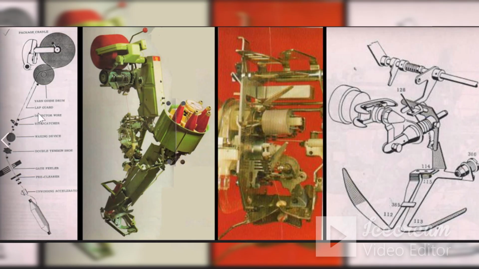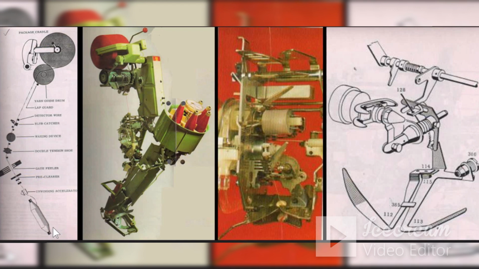This detector wire detects the absence of yarn, that is, whenever yarn is absent here in the detector wire, the spindle stops. Stoppage of spindle can be because of two reasons: either yarn break or package exhaustion, that is supply package exhaustion, that is exhaustion of this ring frame bobbin.